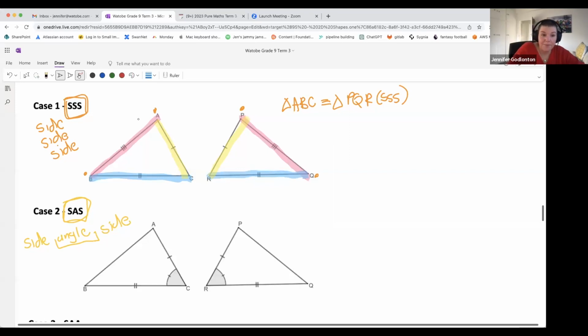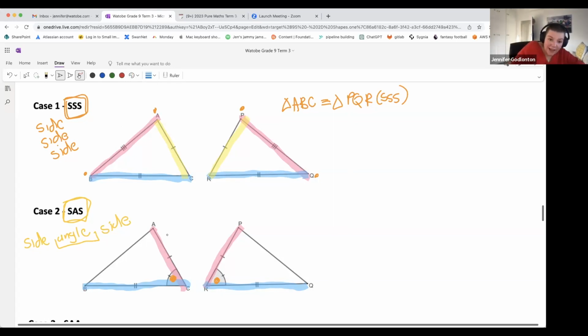What does that mean? Let's have a look in this picture. They've given us this side over here. They've given us that side over there. We can see that they are the same as each other. Over here, we can see that BC is the same as RQ. And then the super important thing is that the angle that they gave us, this one over here, is nestled between the 2 sides.